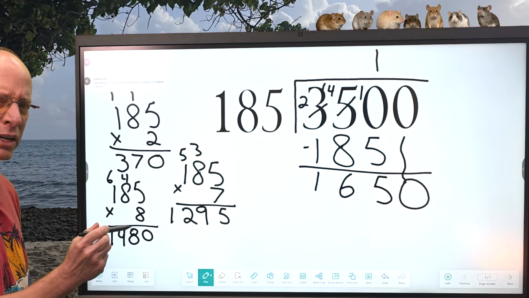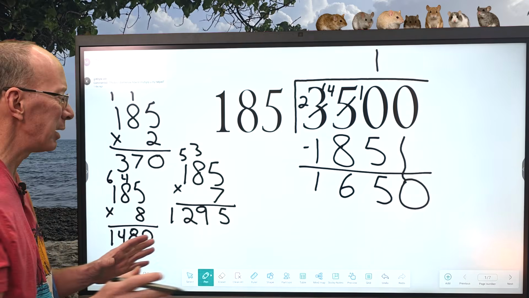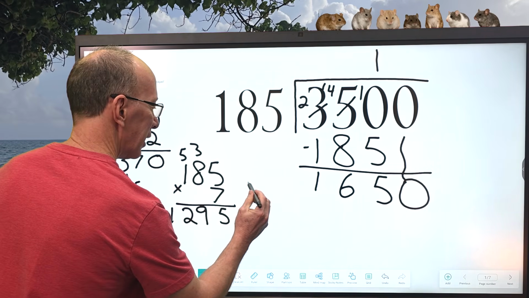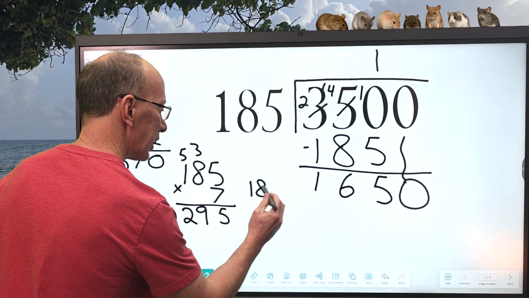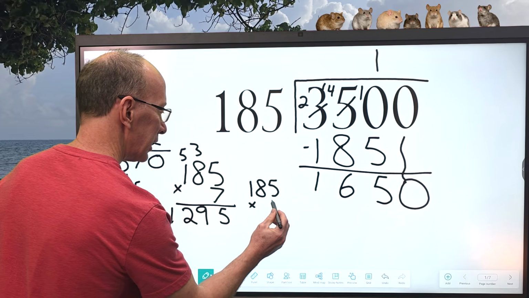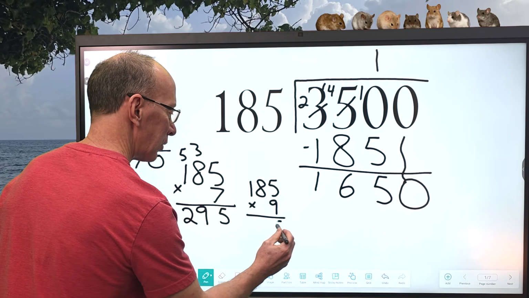So let's see if we can do a little more. Again, it's probably going to help if you have a piece of paper, because when you're doing all this figuring, it takes up a lot of room. All right, let's go ahead and put 185 right here times 9. All right, 9 times 5 is 45.